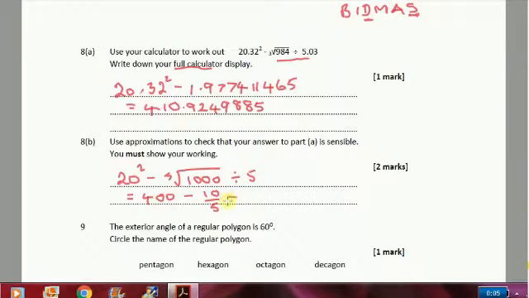So 400 minus 10 divided by 5, we do the division first, is 2. So 400 minus 2, 398, which is not the same as our accurate answer, but it is the same magnitude, as we say. It's approximately the same magnitude as the exact or the accurate answer in part A.